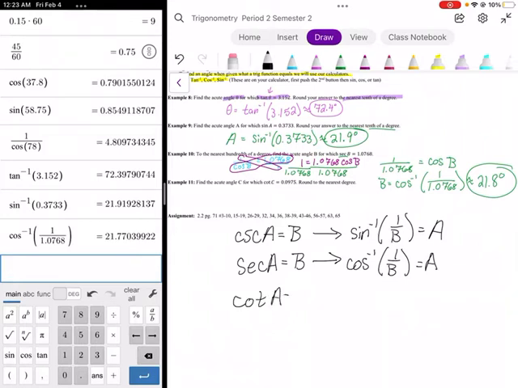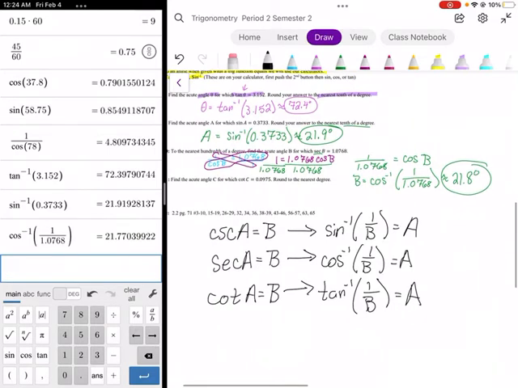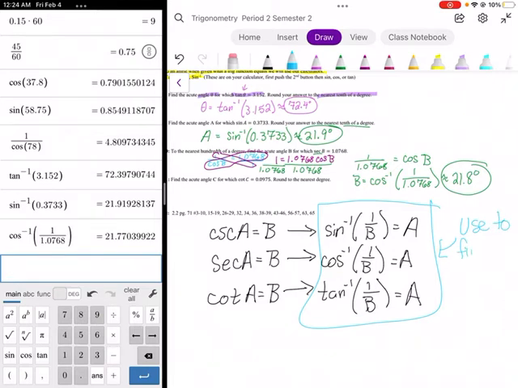If we had cotangent of A equals B, if we use the inverse of tangent of 1 over b, that will tell us what a equals. So these equations on the right side, this is how you would find an angle when you are given the reciprocal functions.